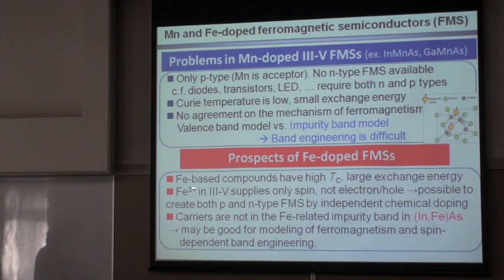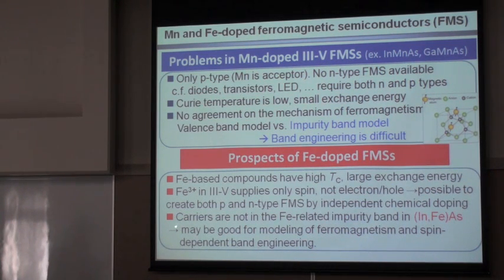And if iron is doped in III-V, iron should be 3+, so it supplies only local spin, not carriers, not electrons or holes. So it may be possible to create both p-type and n-type ferromagnetic semiconductors by independent chemical doping, so that we can control both local spin and carriers.